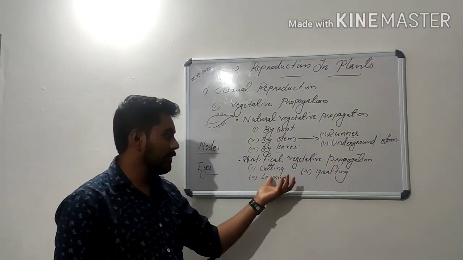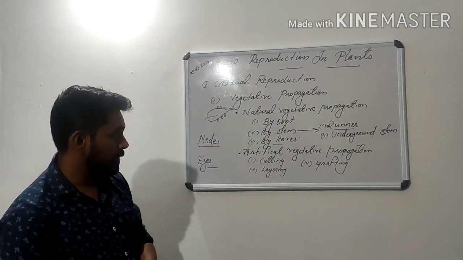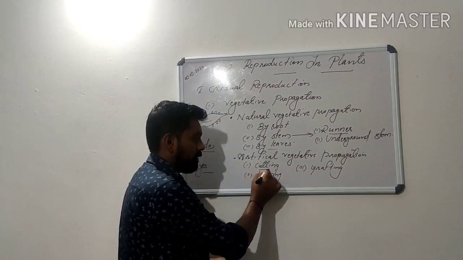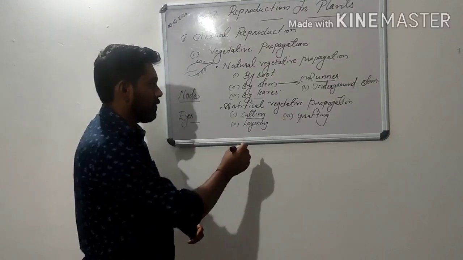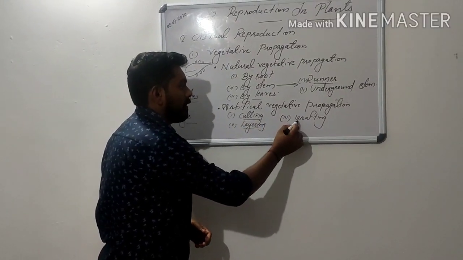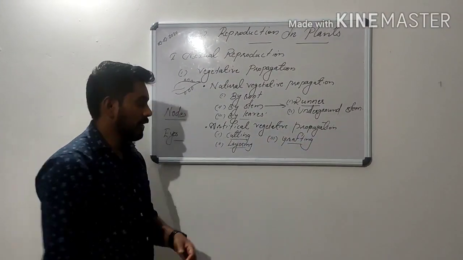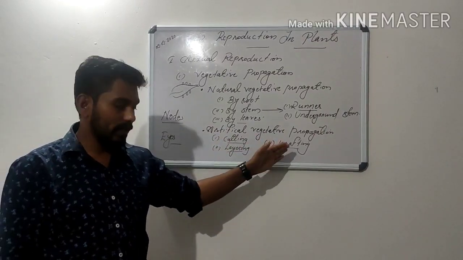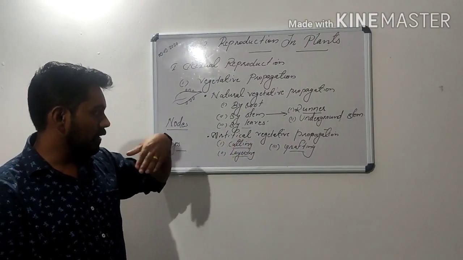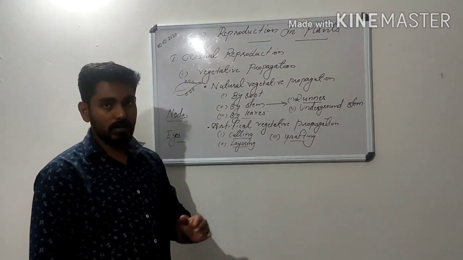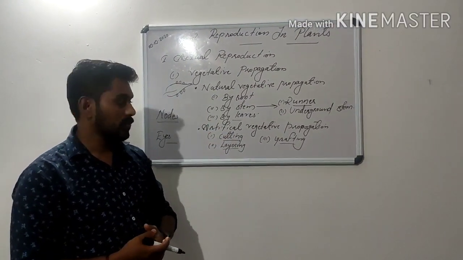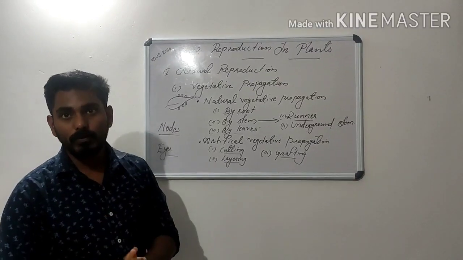Artificial vegetative propagation is done by human beings. It is a specific method to reproduce new individual plants. Cutting, layering, and grafting are the methods to produce new individuals. In these methods, as per our desire, we can produce different varieties of plants.